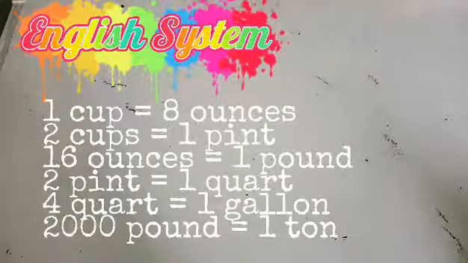Of course, 4 quarts is equivalent to 1 gallon. And 2,000 pounds is equivalent to 1 ton.